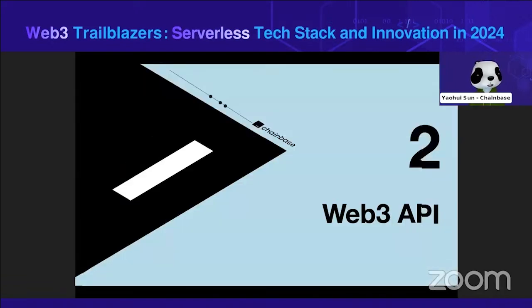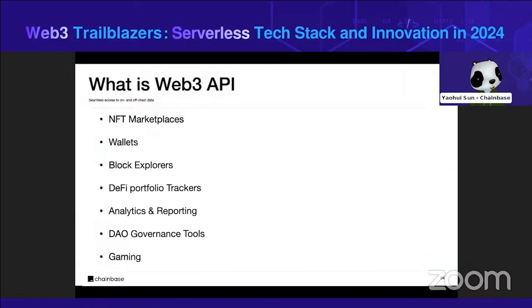In Chainbase products, TiDB is mainly used or planned to be used in two features. One is the Web3 API, and the other one is the SQL API. Now let's dive right into one of the key aspects of our discussion today, the Web3 API.